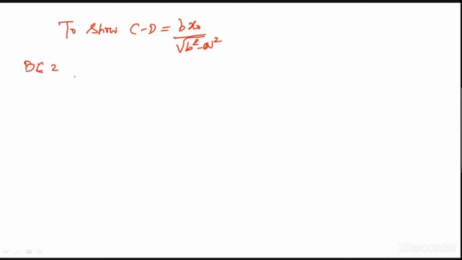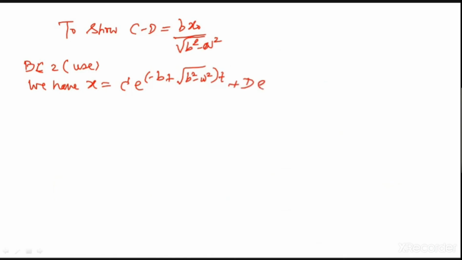So we have X is equal to C e to the power of minus B plus root of B square minus omega square, t, plus D e to the power of minus B minus root of B square minus omega square, t. We have this already.